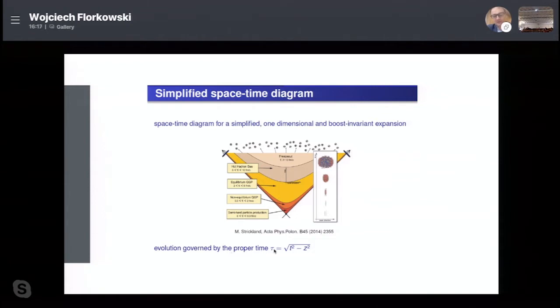Some people call it longitudinal proper time. This is the square root of the time coordinate, which is the vertical axis here, squared minus the beam coordinate z squared, which is the horizontal line here. So everything is governed by the proper time instead of the laboratory ordinary time t.